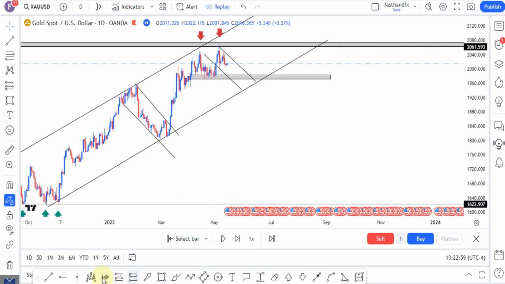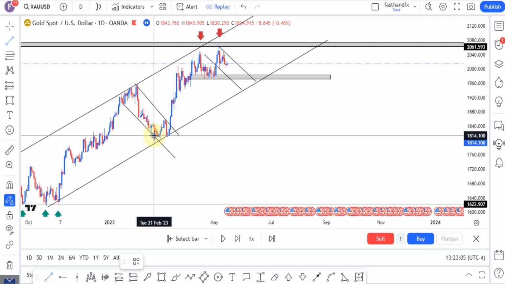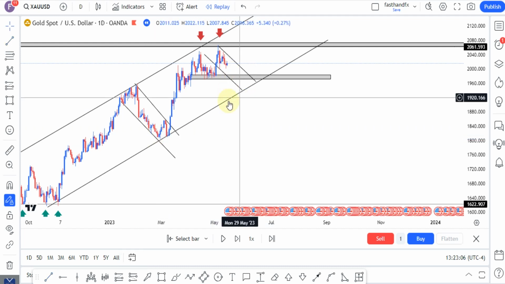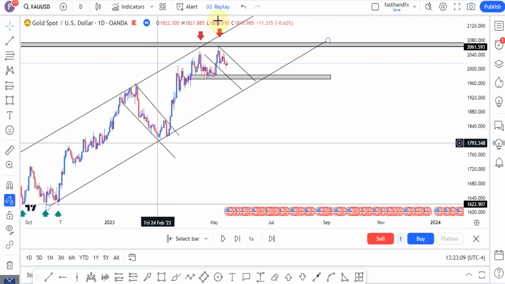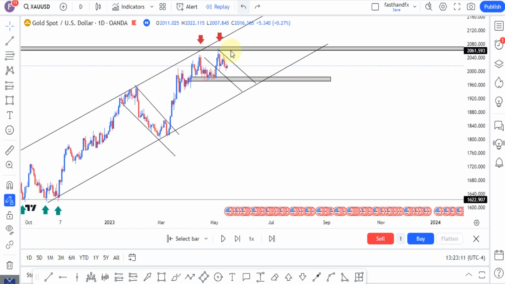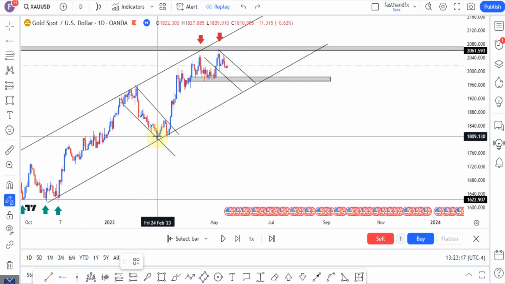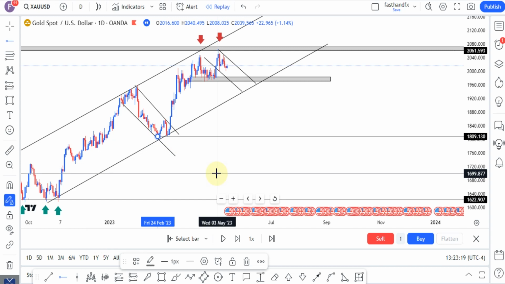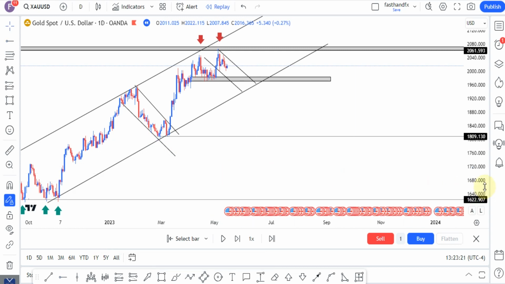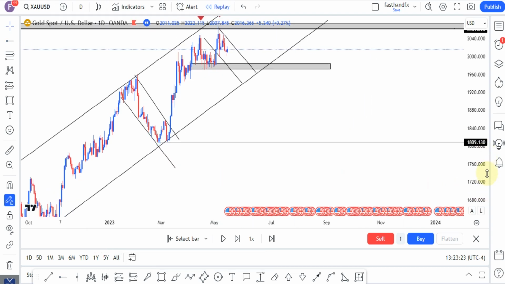And another key level, actually, it's down here. So what if the market broke below this level? That's another key level we should look at.